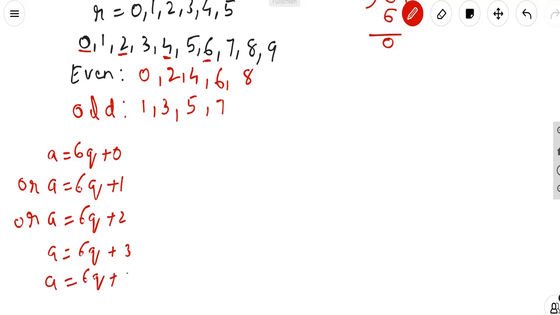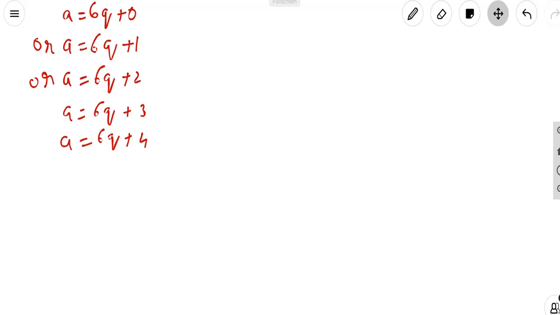Okay, A is equal to 6q plus 4. So A is equal to 6q plus 5. So only till 5. Okay, so this combination will not come. So these are the 6 combinations you are going to get.